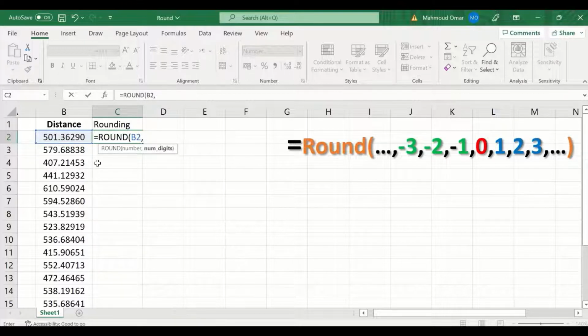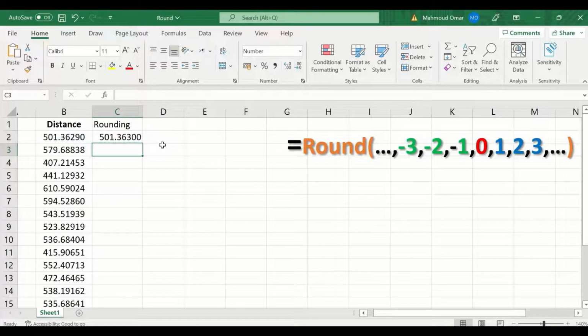In that case, a minus number is inserted. To round the first number into 3 decimal places, insert number 3, close the bracket and hit enter.